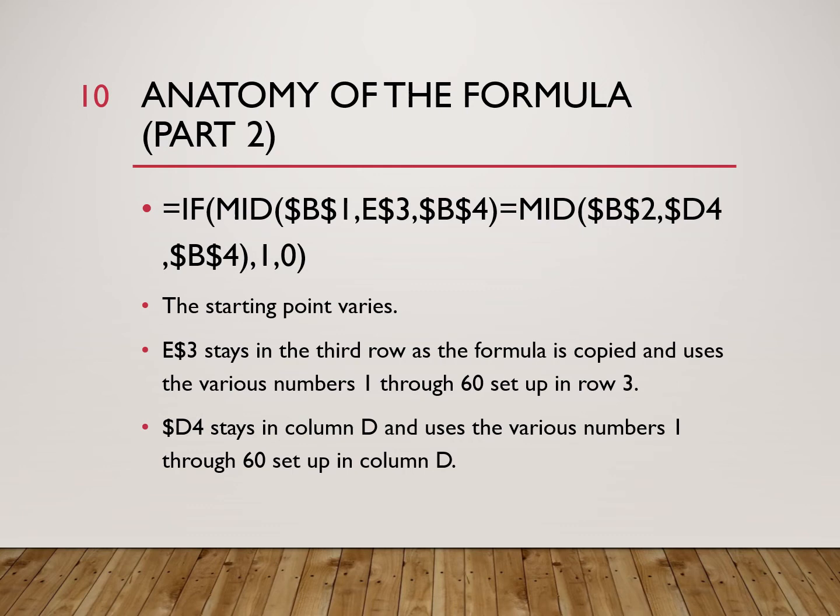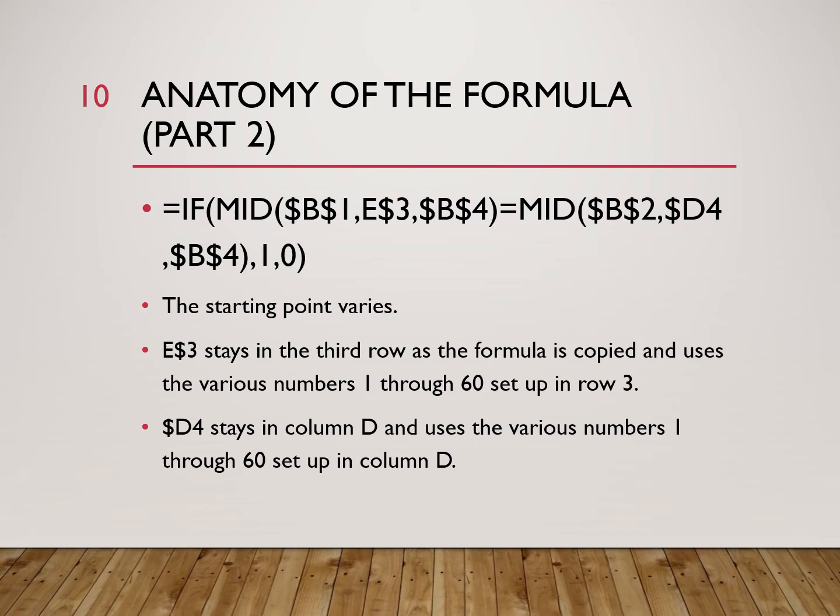The first MID function has a second argument of E$3. So when the formula is copied, the E can change and the 3 cannot. We are copying it both across and down, and copying across will change the letters, E to F to G and so on, but the 3 will always stay a 3. Remember, when we established the grid, we put the numbers 1 through 60 in the third row, so we are always referring to these numbers.